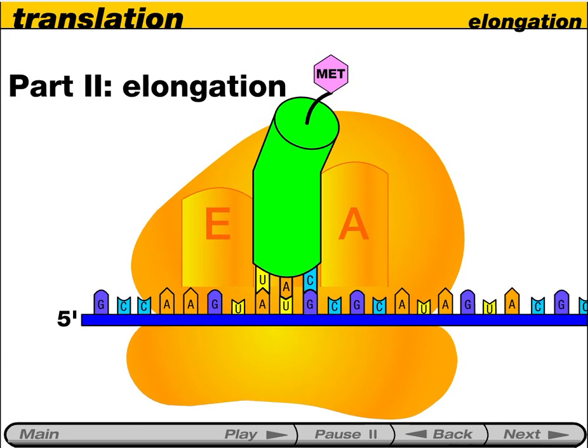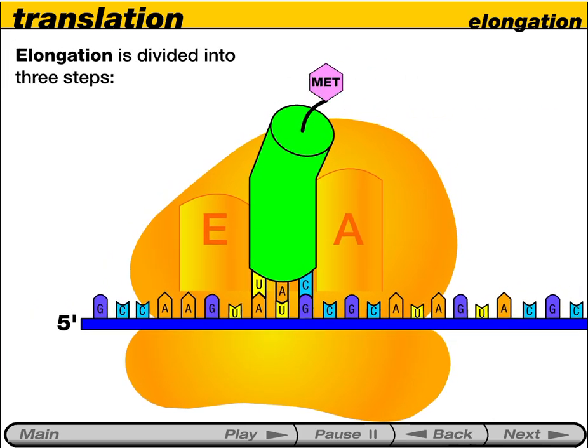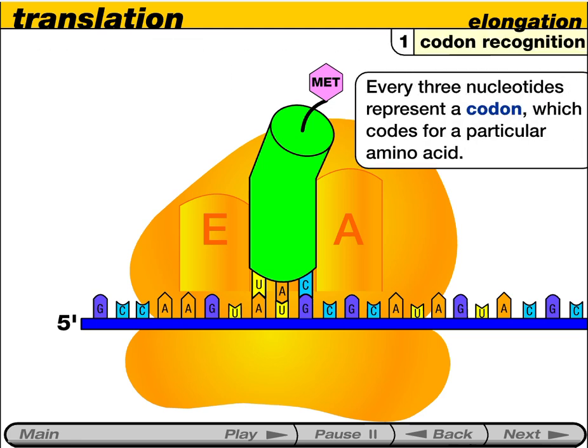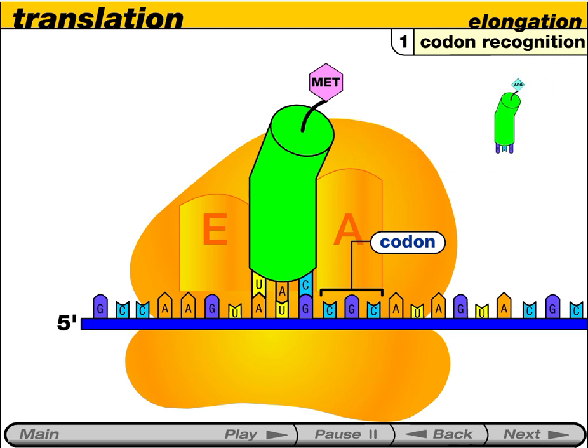Part 2, elongation. Elongation is divided into 3 steps: codon recognition, bond formation, and translocation. Every 3 nucleotides represent a codon, which codes for a particular amino acid.